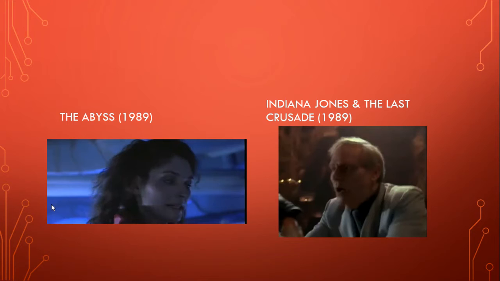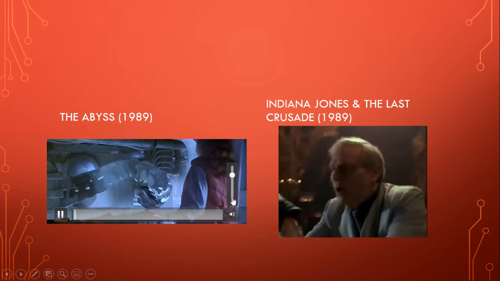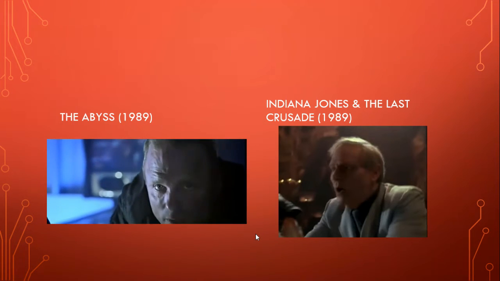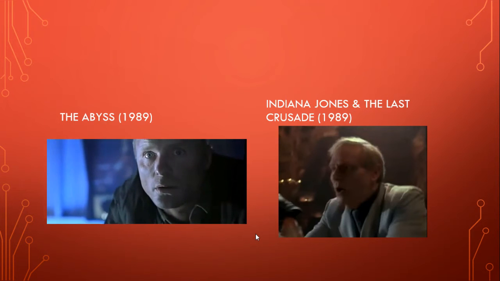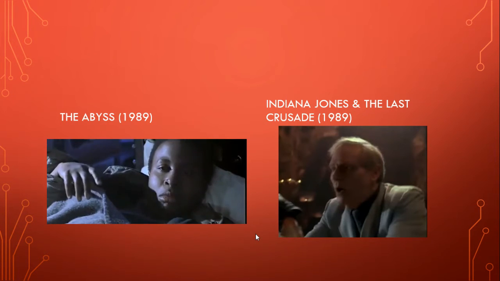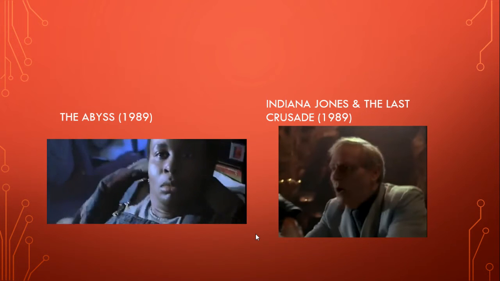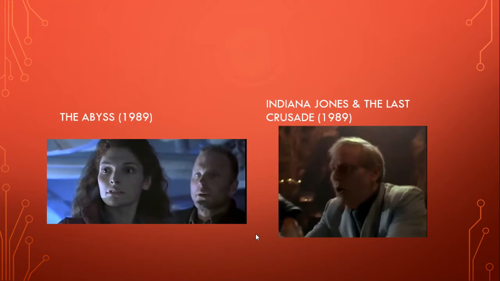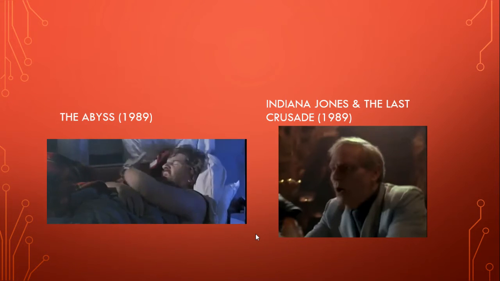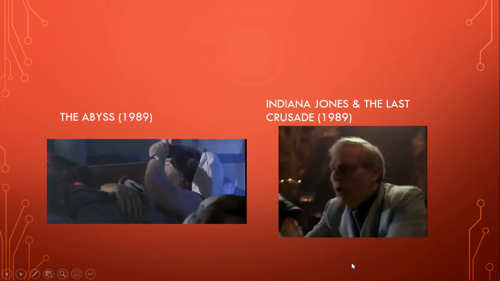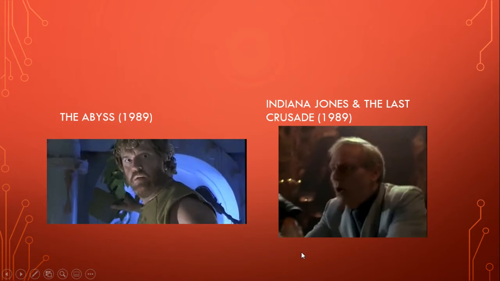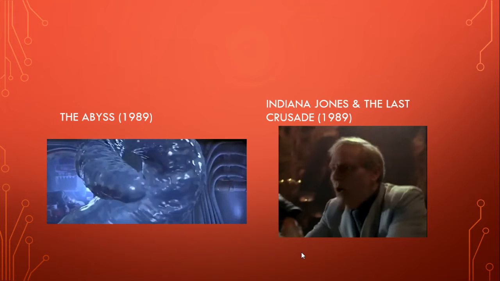So then we go for the kind of morphing stuff that we see from James Cameron in The Abyss, where now the computer-generated imagery is able to have something morph into something else. So the shape-shifting quality of the alien in The Abyss, and then the morphing of the Grail face melting stuff in Indiana Jones and the Last Crusade becomes the new standard.